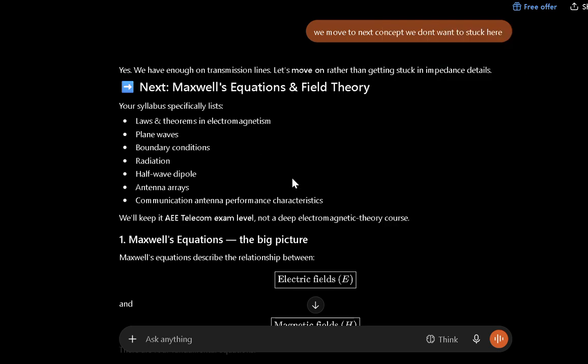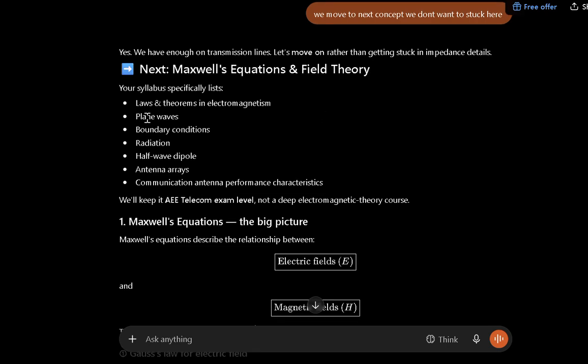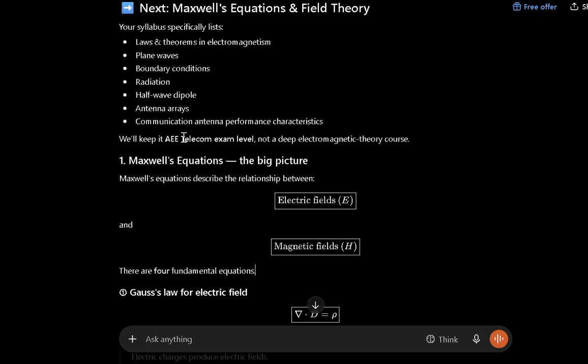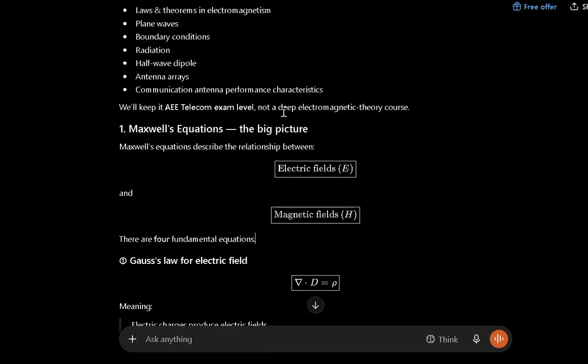We are starting our Maxwell equations and field theory. It is for telecom students, not a deeper electromagnetic theory course.